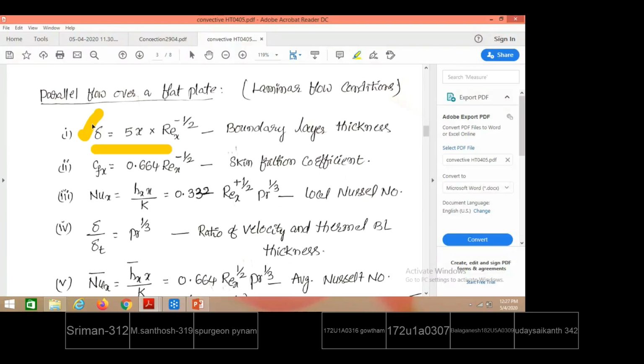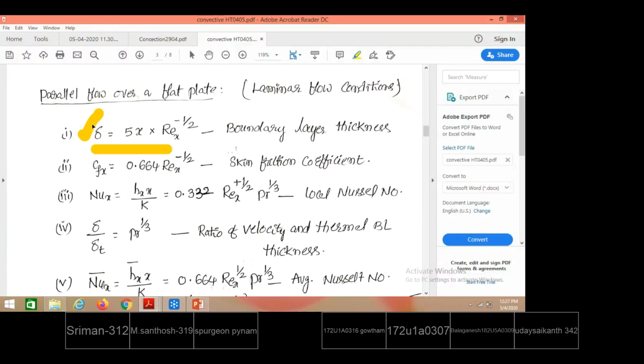The leading edge is the starting location where the fluid enters, and the trailing edge is the location where the fluid leaves the plate surface.